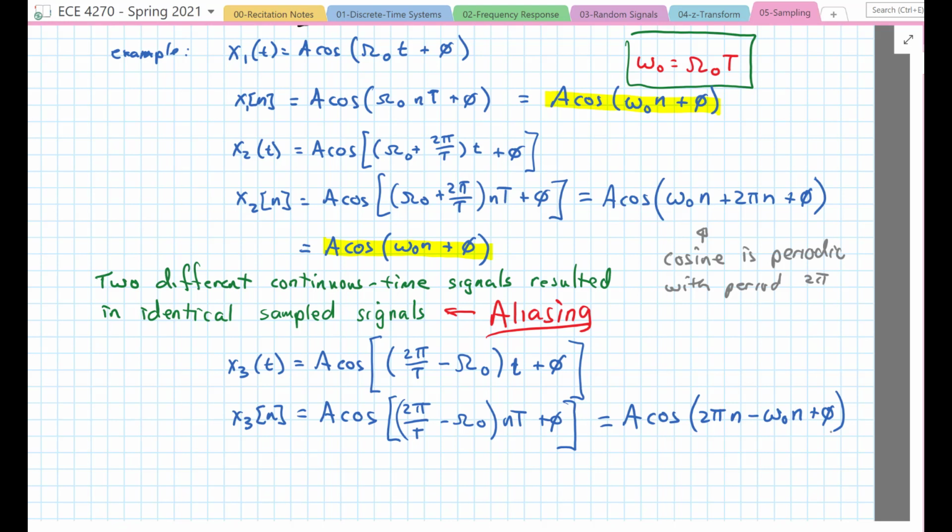Once again, our 2 pi factor can be taken out because we have a periodic cosine. So this is going to be a cosine of negative omega naught n plus phi.